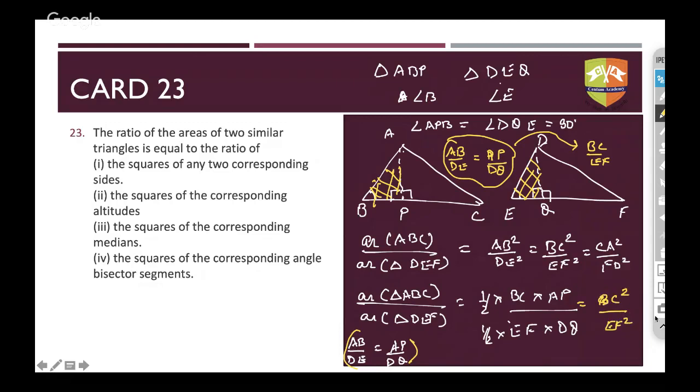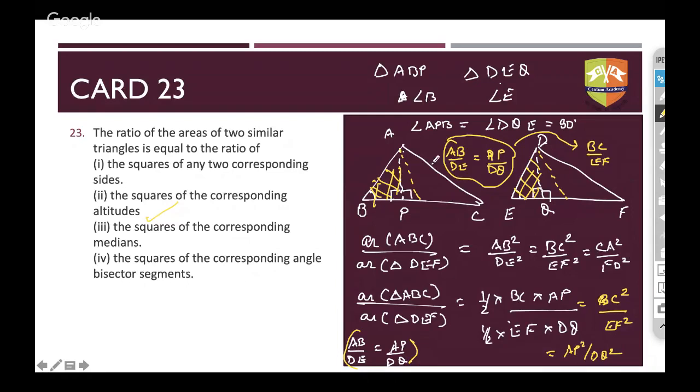Now clearly, instead of BC by EF, you can write AP by DQ here. Why? Because BC by EF is equal to AP by DQ. So this is also equal to AP square by DQ square. This is also done. Squares of corresponding medians: in previous slides you saw that if two triangles are similar, then their corresponding medians are also proportional.